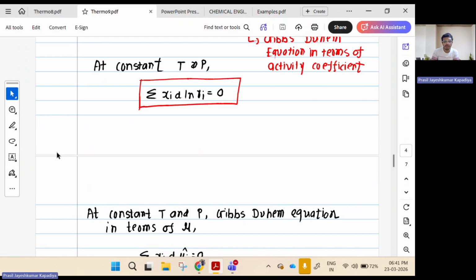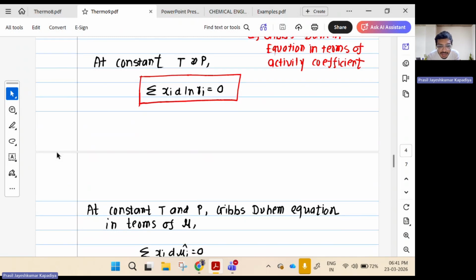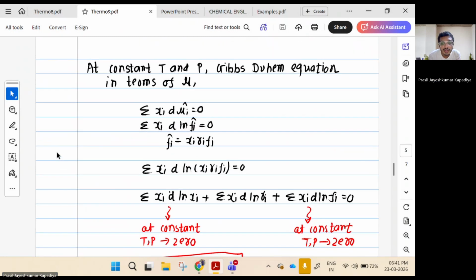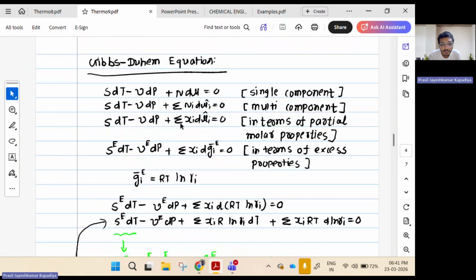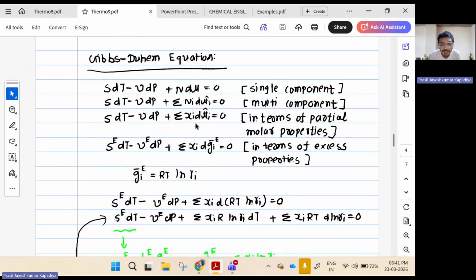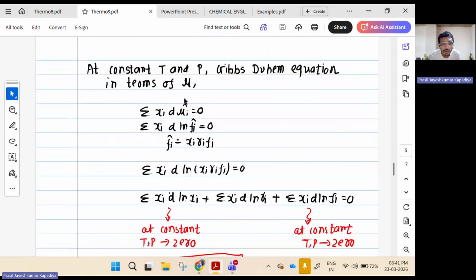There is one more way to derive this Gibbs-Duhem equation in terms of the activity coefficient. At constant temperature and pressure, we know that summation xi d mu i cap is equal to 0. So mu i cap, I can replace with ln fi cap, and fi cap is nothing but xi gamma i fi from the Lewis-Randall model, including the non-ideality term gamma i.